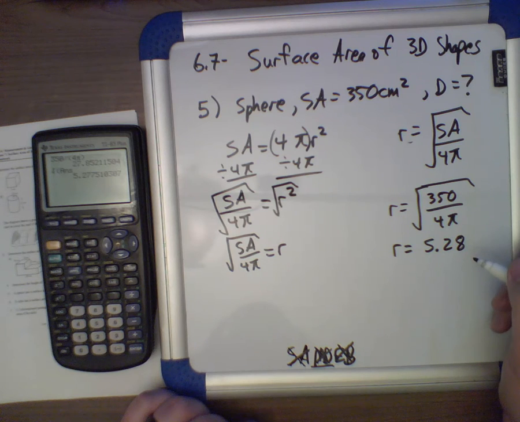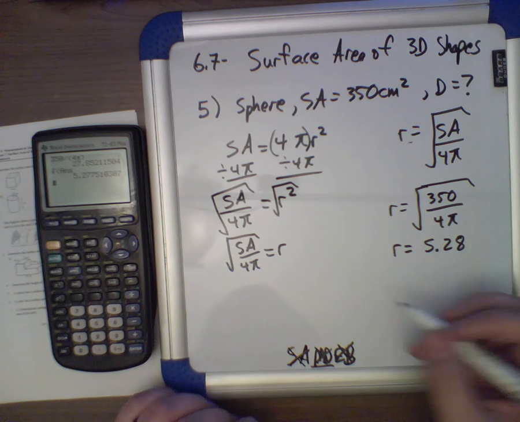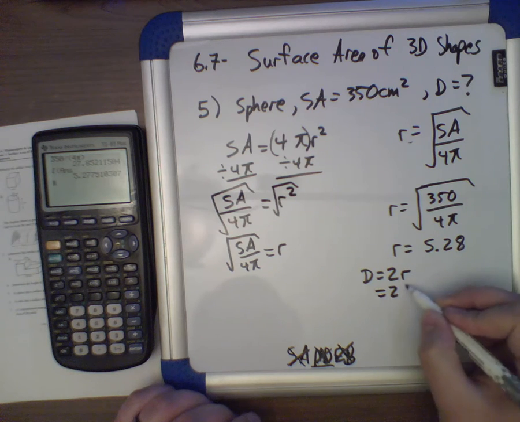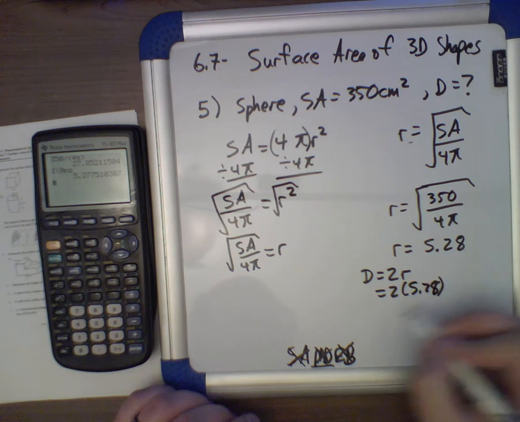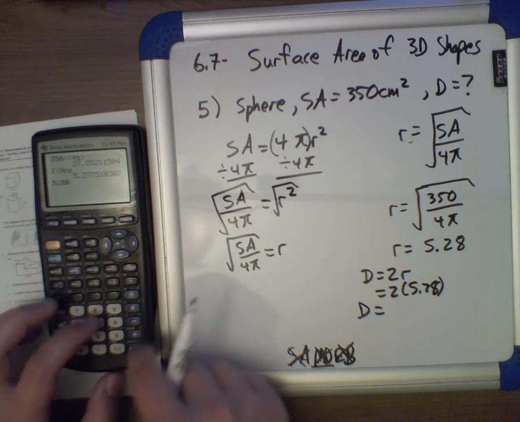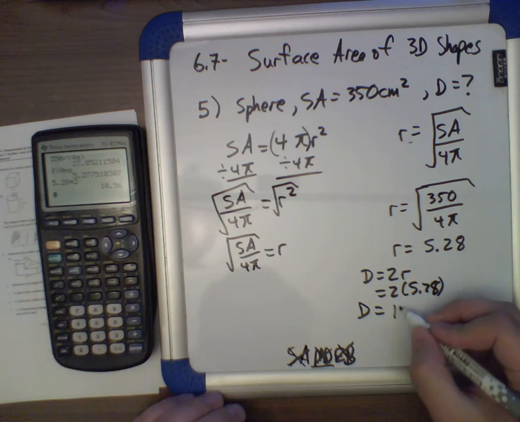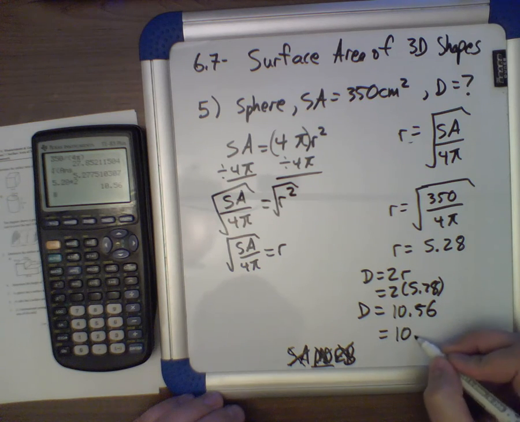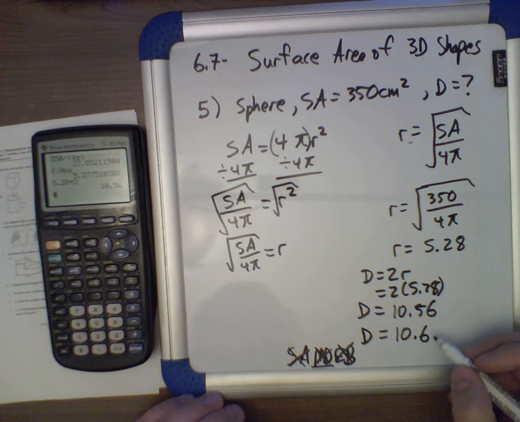I'm going to round to 5.28, and then I need to find the diameter. Diameter is equal to 2 times the radius, so 2 times 5.28 is 10.56. And in this worksheet, we usually round to the nearest tenth. So diameter is 10.6 centimeters.